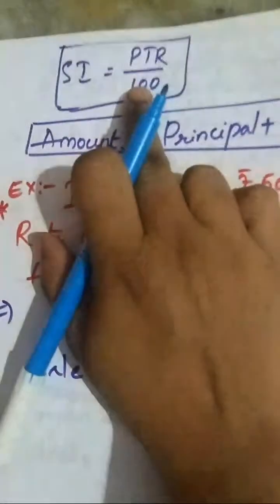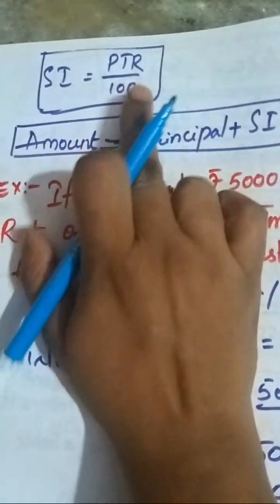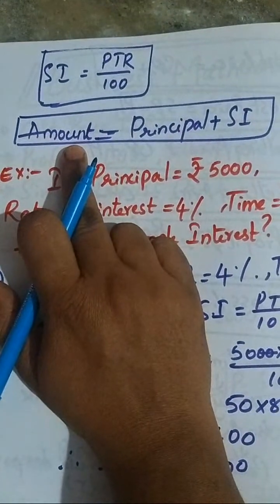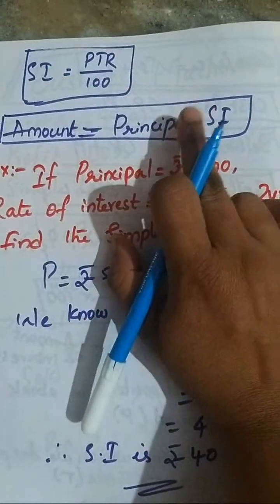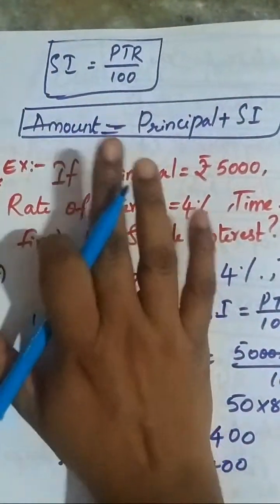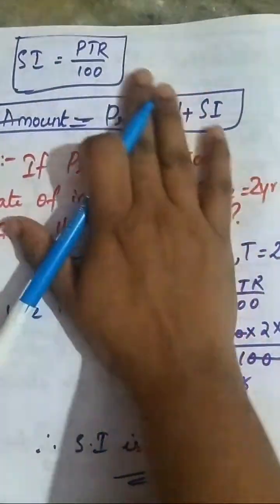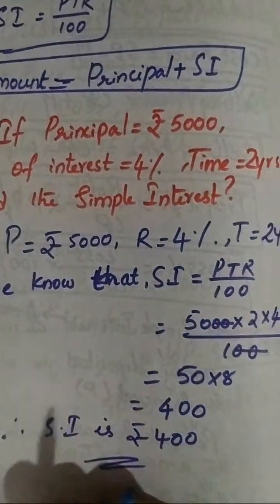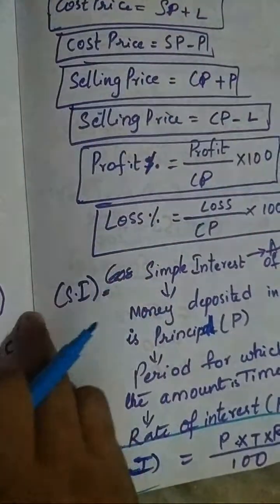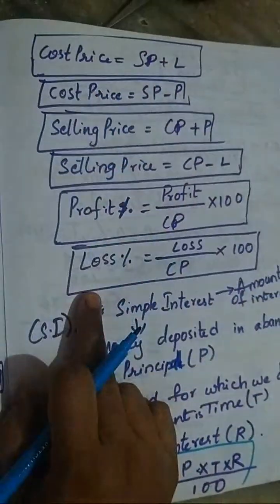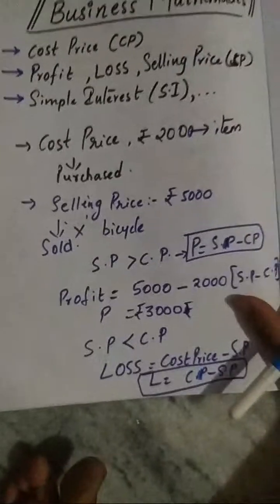This is written here again in the box, SI is PTR by 100. If we have to find the amount, then principal amount plus SI gives the amount value. Okay, like this we have to use these formulas in the problems. Please use these formulas. Remember all these basic formulas of the business mathematics chapter.